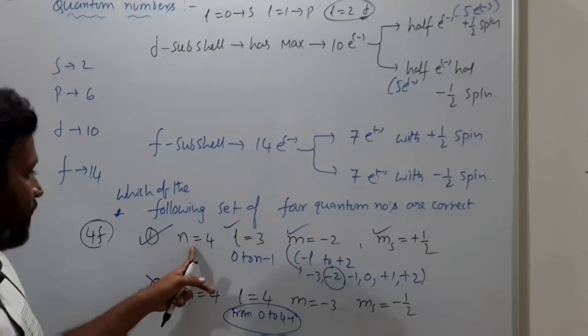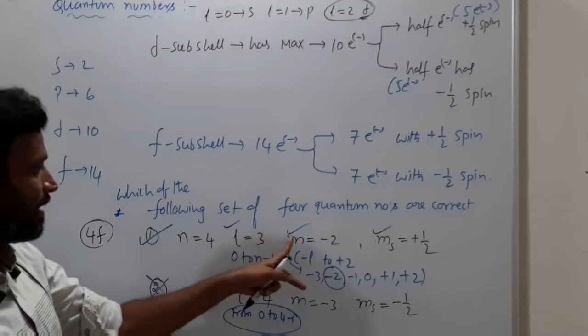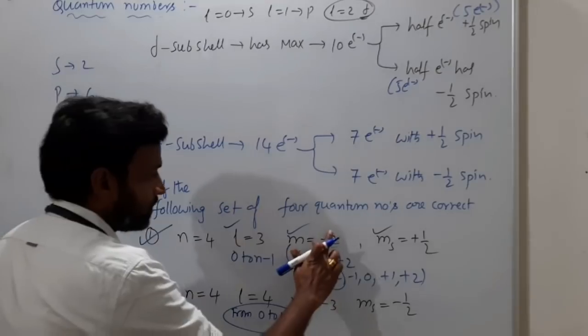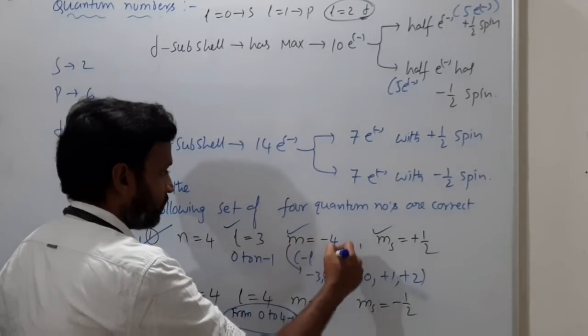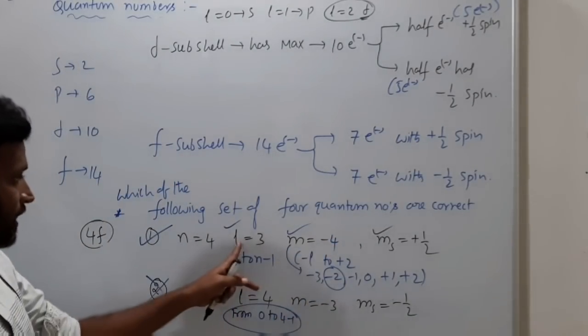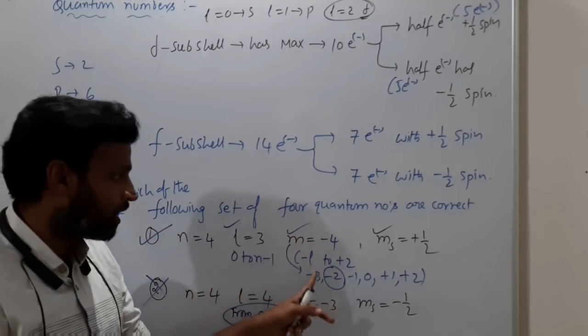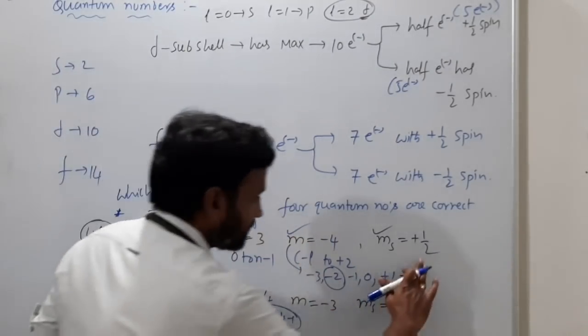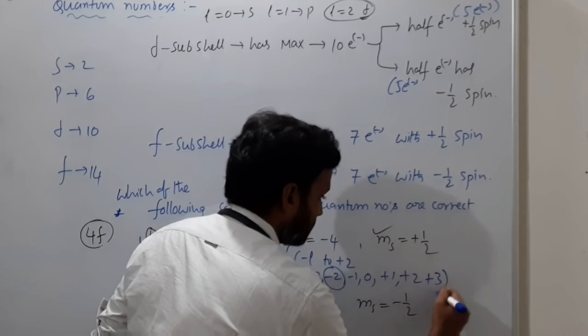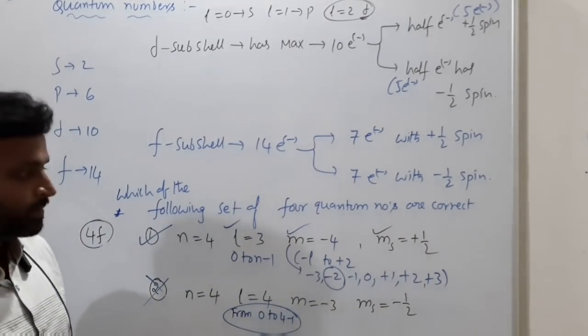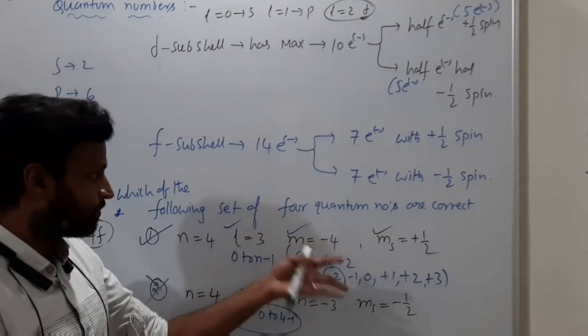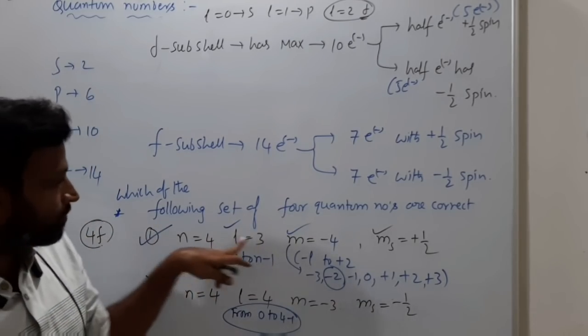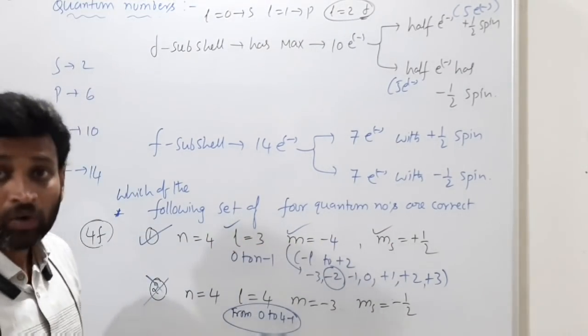Okay. So n value 4 is correct, l value 3 is correct, m value -2 is correct. Suppose I give the m value as -4, that is wrong, because l is 3, so the m values are from -3 to +3 only. If I give -4, then this set of 4 quantum numbers is also wrong.